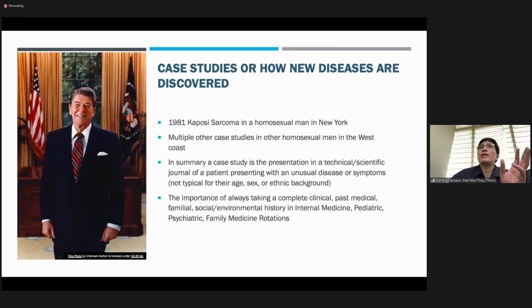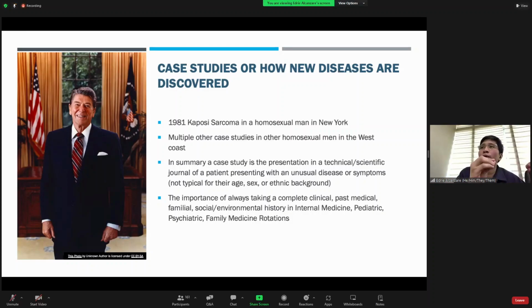These areas tend to be liberal and tend to be areas where men who have sex with men are basically not harassed, not oppressed, not persecuted. So they're allowed to live their lives and their lifestyle. Okay. So there was a case study that came out in 1981 of Kaposi sarcoma in a homosexual man in New York. Okay. Multiple other case studies documented the same phenomena in the West Coast.